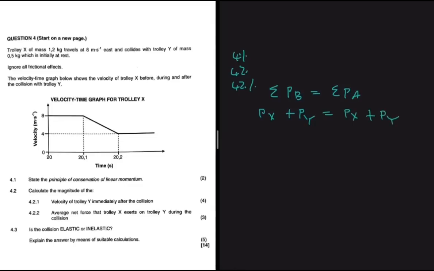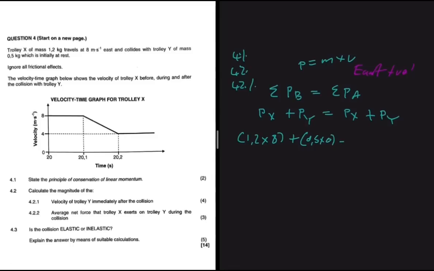So if we calculate the momentum of trolley X, let's not forget that p is equal to m multiplied by v, right? We're going to have 1.2 multiplied by 8. So now we need to decide on a direction. Let's take the direction to the east as positive, right? And the momentum of trolley Y, it is at rest, so we have 0.5 multiplied by 0.